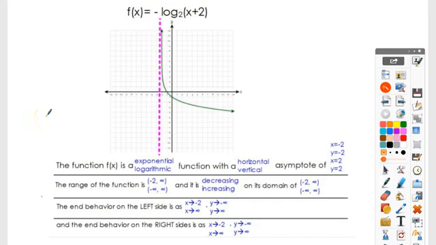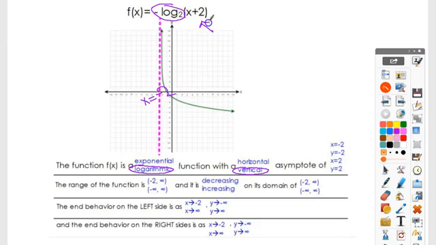In slide 22, we want to go ahead and just complete these sentences based on the information above. So the first thing we have to see, is it an exponential or log function? Well, we can look right here. It says log. It's a log function. We also know it's a log function because it has a vertical asymptote. So the function is a logarithmic function with a vertical asymptote at, and this is where x is -2.